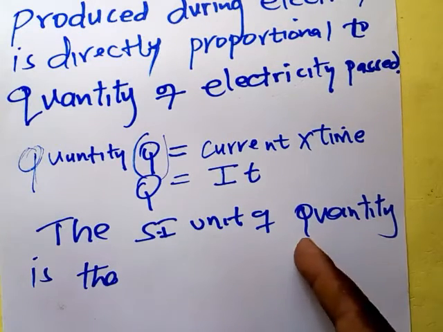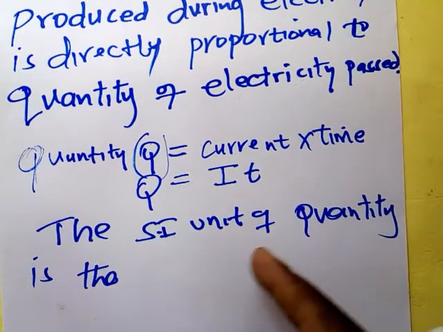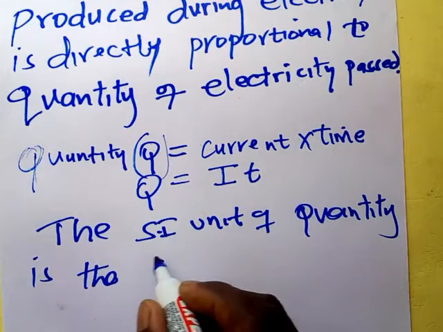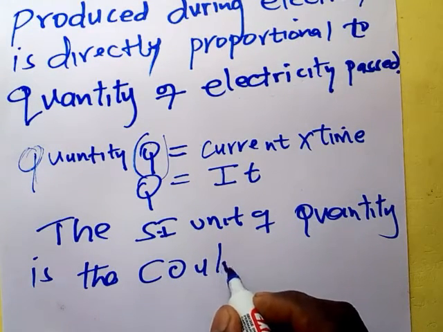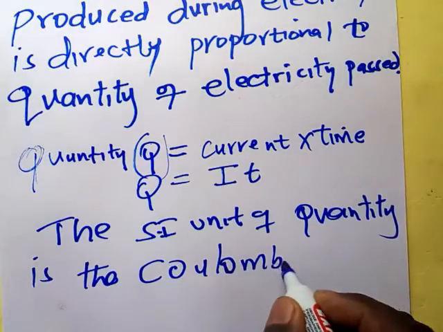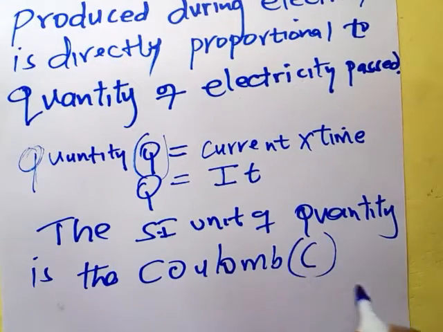Remember, the SI unit of quantity of electricity is the coulomb, capital C. So we use the coulomb as the SI unit of quantity of electricity.